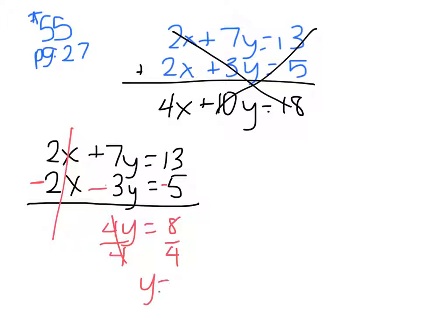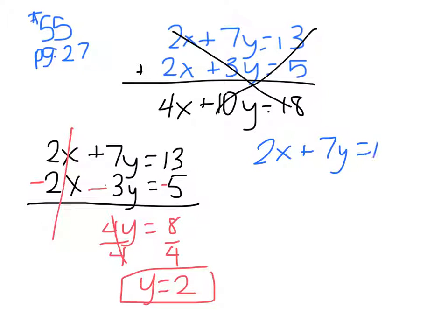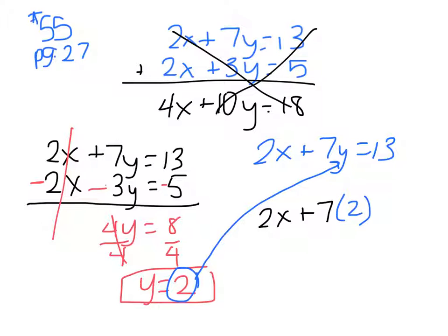So y is now equal to 2. Now we can plug 2 back in either of the equations. I will pick the top one, just because, doesn't matter. And because my y is 2, I can plug 2 in for y. So we have 2x plus 7, instead of y, we'll plug in a 2, equals our 13.